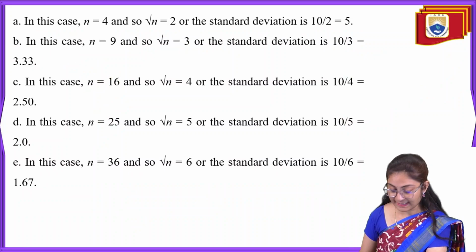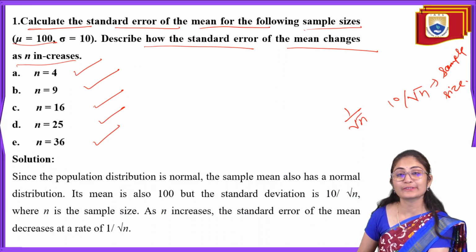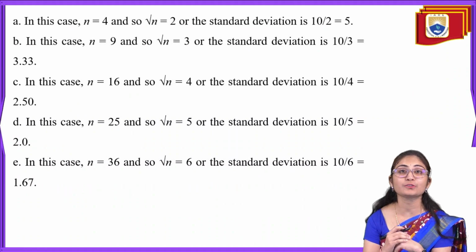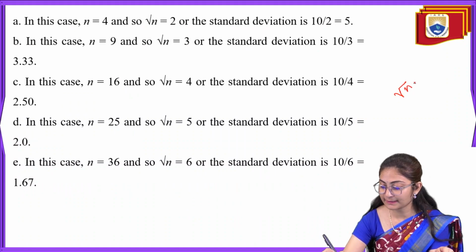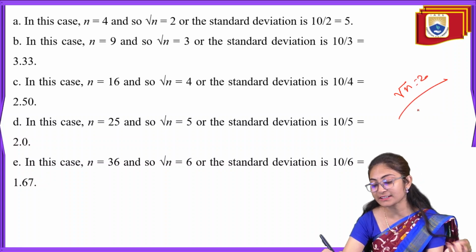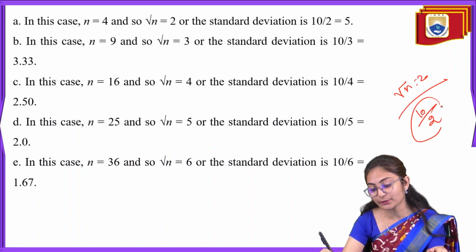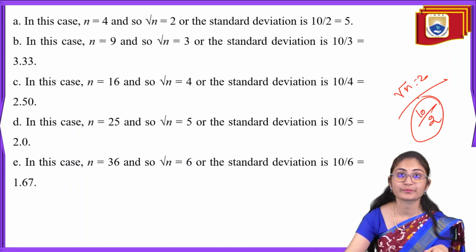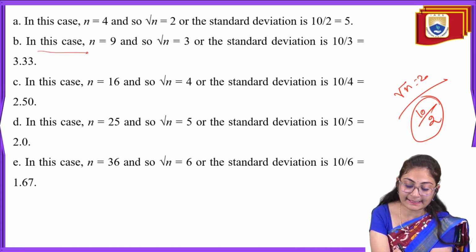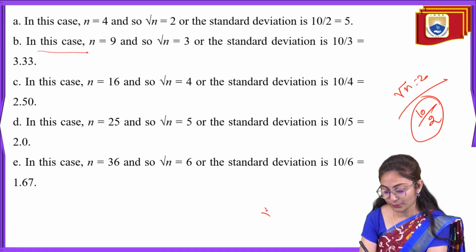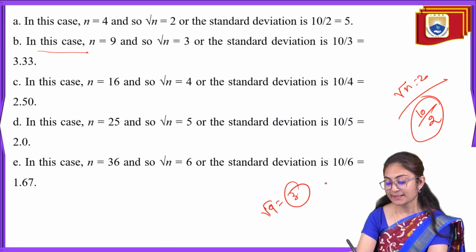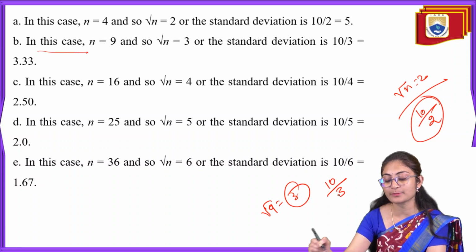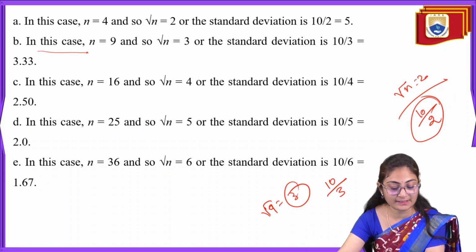Now first case, n is equal to 4. Root of n is 2, so standard deviation is 10 by 2, which is equal to 5. Then n is equal to 9, root of 9 is 3, so standard deviation is 10 by 3, that is 3.3.